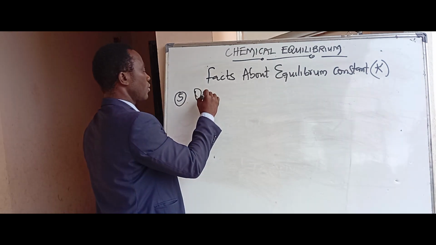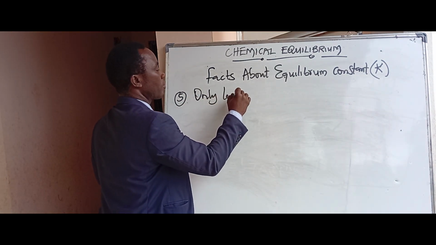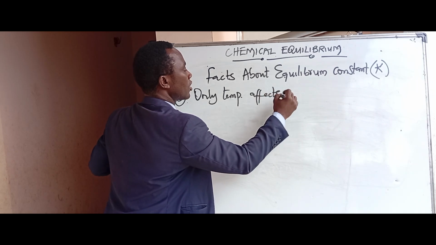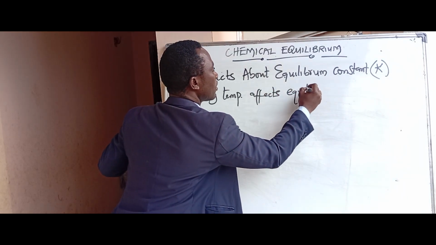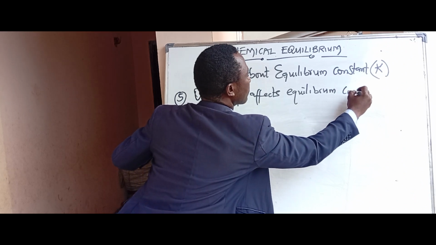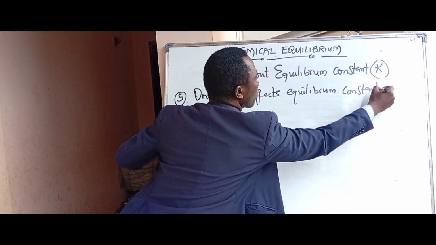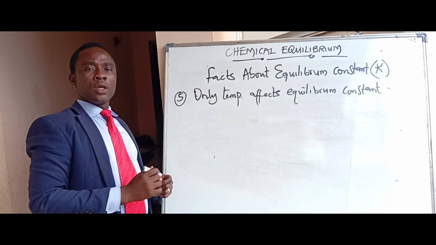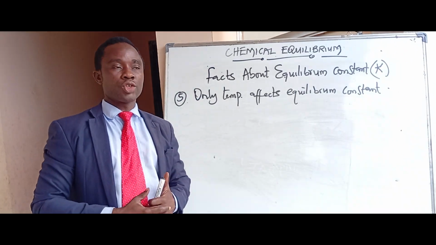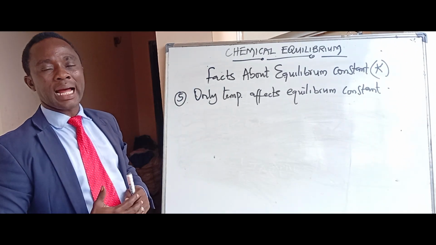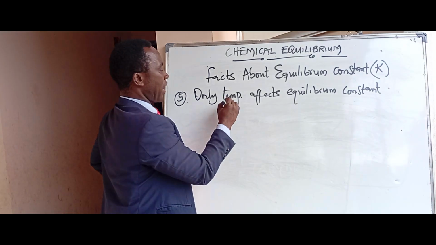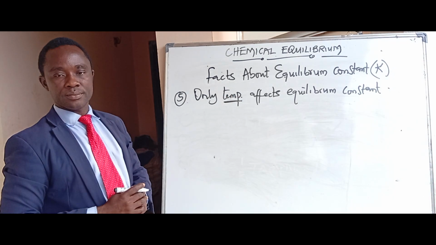Only temperature affects the equilibrium constant. It is not affected by pressure, it is not affected by concentration, it is not affected by catalyst, it is only affected by temperature.